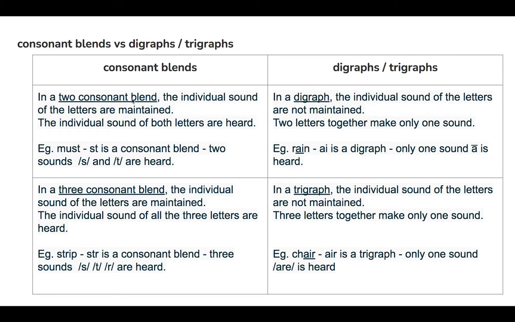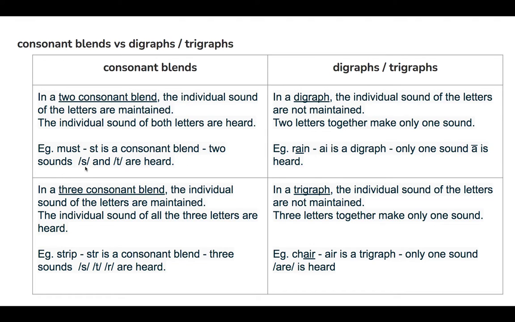In a two-consonant blend, the individual sounds of the letters are maintained, whereas in a digraph, the individual sounds of the letters are not maintained. Here, the individual sounds of both letters are heard. For example, in must, st is a consonant blend.